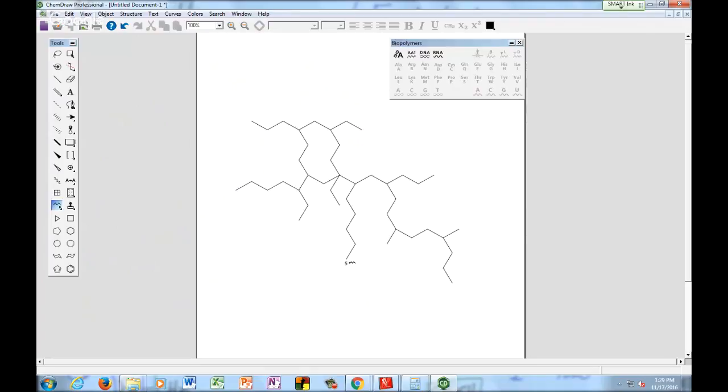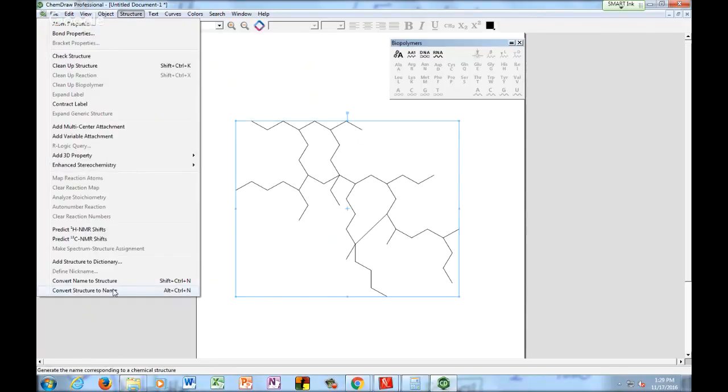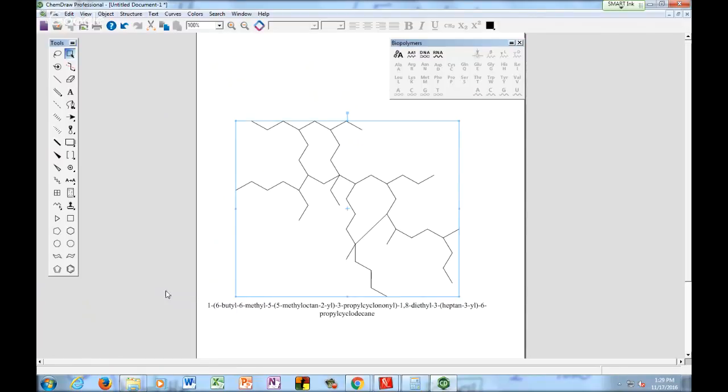Somebody doesn't like that one. Okay. Draw some kind of crazy thing where these are all carbons with hydrogens coming off of them. And I can ask the program to name this structure.